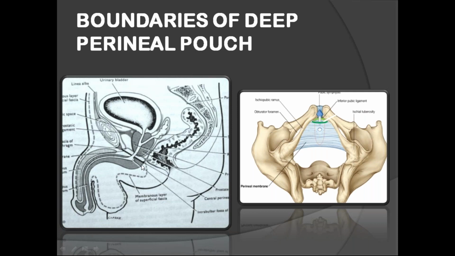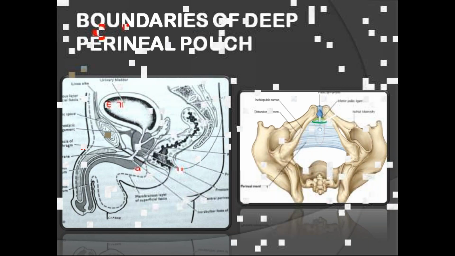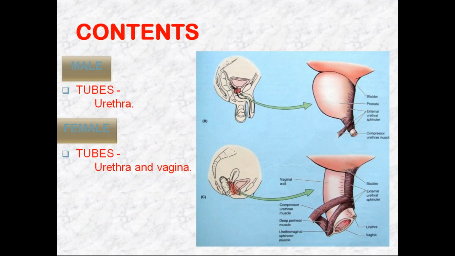So these are the boundaries of the deep perineal pouch. Contents are, in case of male, the urethra, and in case of female, the urethra and vagina.